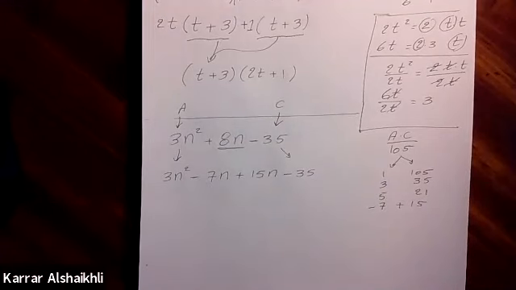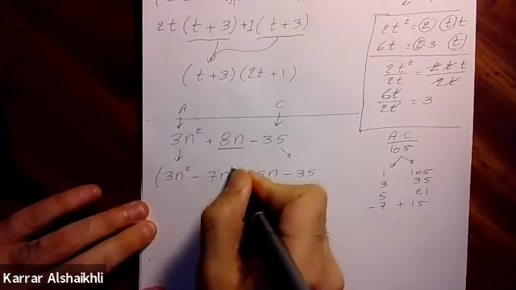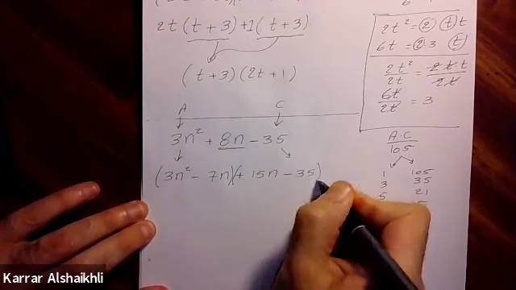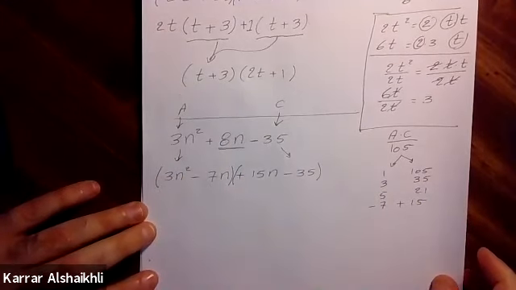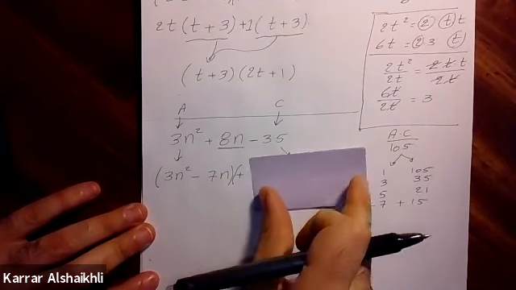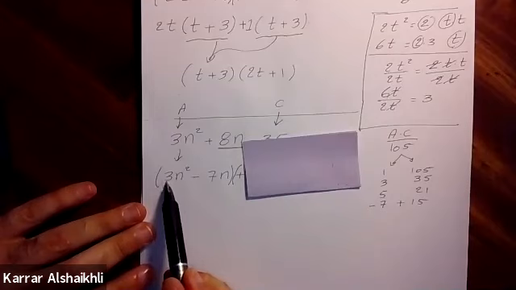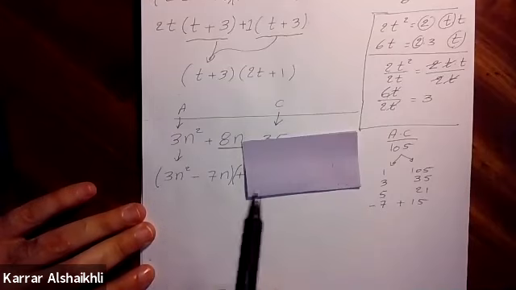Now I have 4 terms. I'm going to use factoring by grouping. So I'm going to group the first 2 terms, and the last 2 terms. I'm going to hide this one. Now, who's going to tell me what's the common between 3n squared minus 7n?